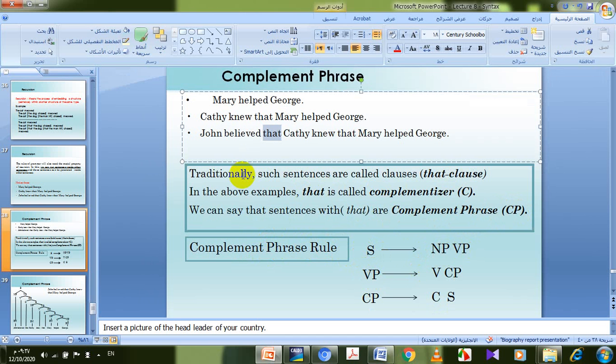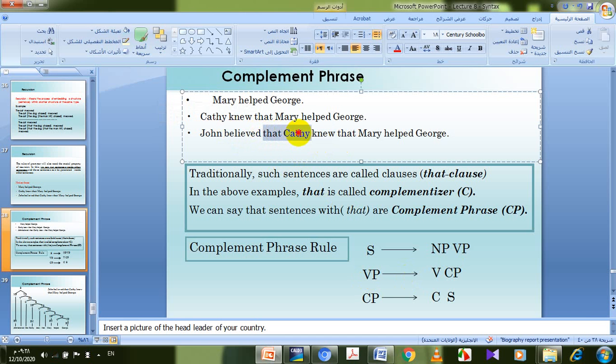Verb phrase. You see, for example, John believed. Sentence: noun phrase and verb phrase. Noun phrase, John; verb phrase, believed that Kathy knew. The verb phrase, believed that, is divided into verb, believed, and what?